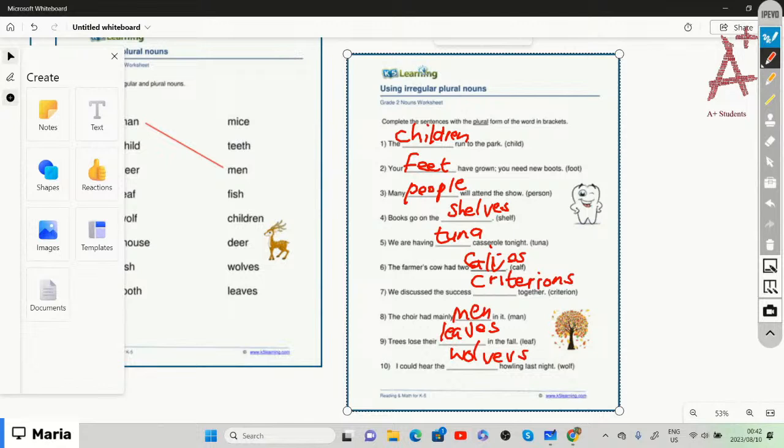So now, even if we look at, for example, the words and the plural forms, that is why they say there is no rule when it comes to irregular plural nouns or plural verbs, depending.